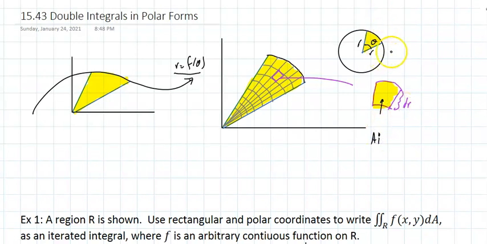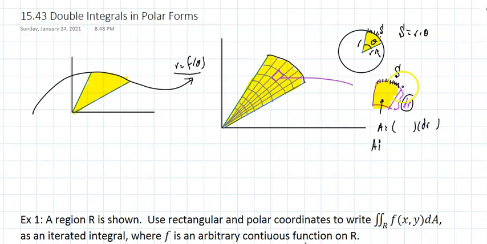Well, recall, if I'm looking at a sector, I know that if this is S, S equals r times theta. So if I want to find the area, the area is really length times width. I could say that's the length.